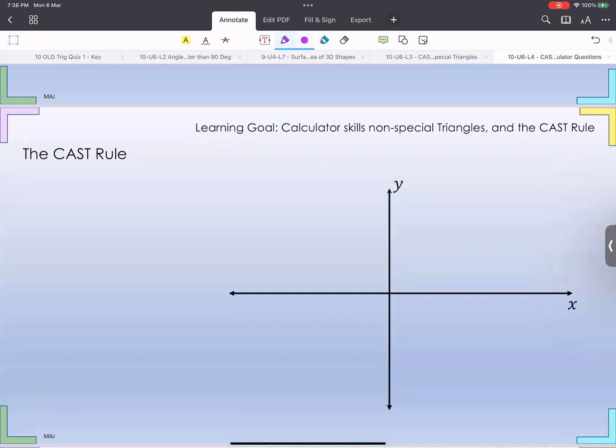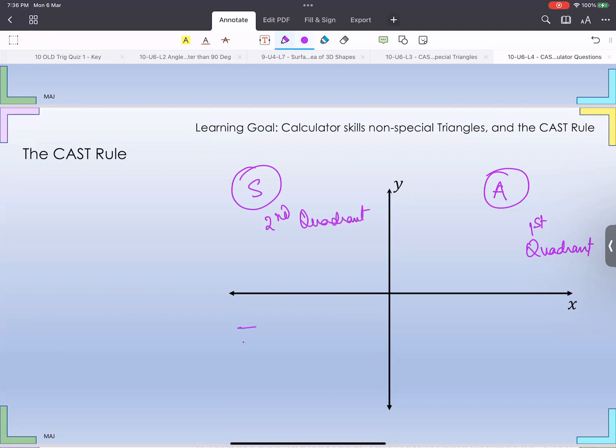Yesterday we looked at the CAST rule, where we said that all sine, cos, and tan are positive in the first quadrant, right? And only sine is positive in the second quadrant. Only tan is positive in the third quadrant.